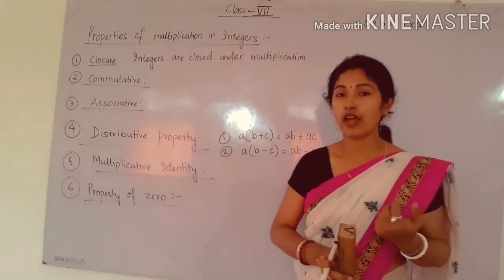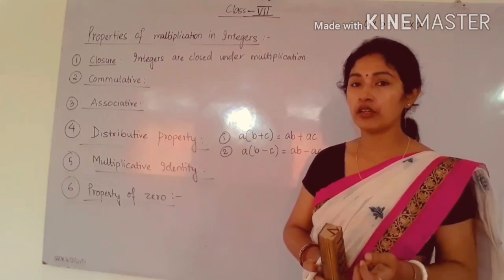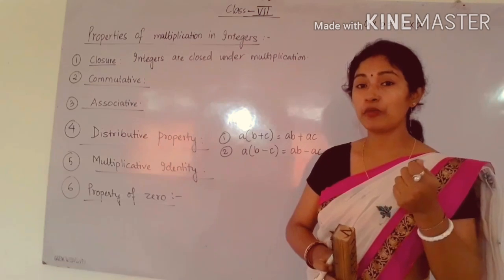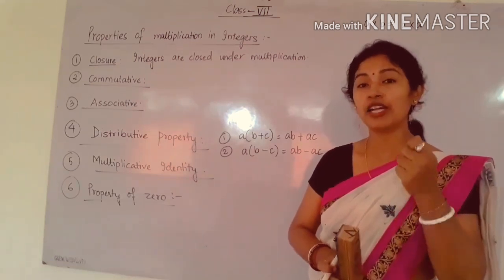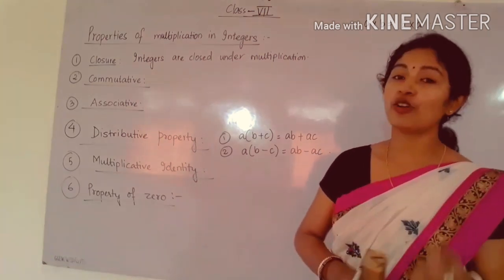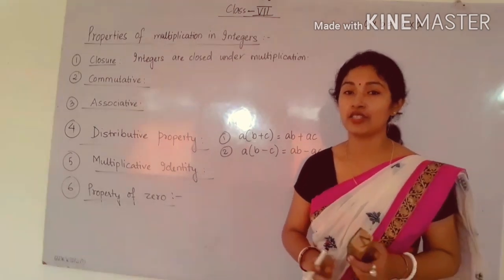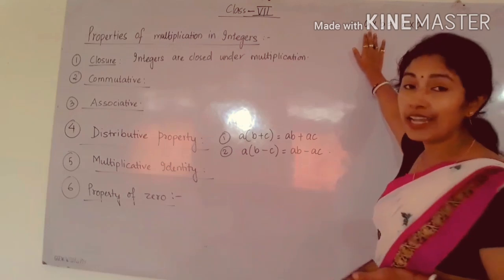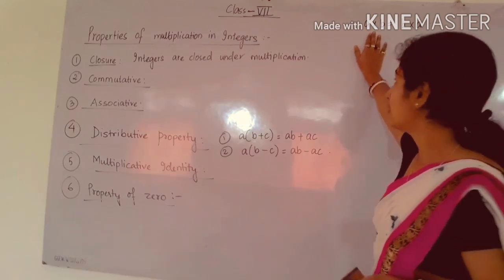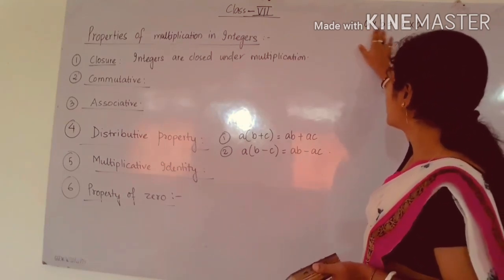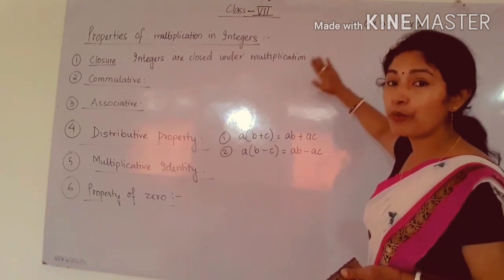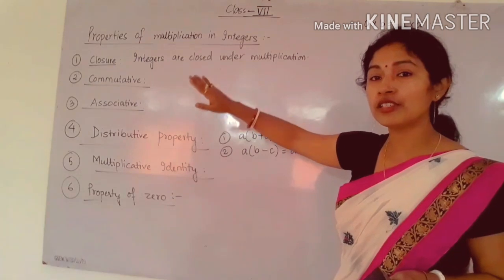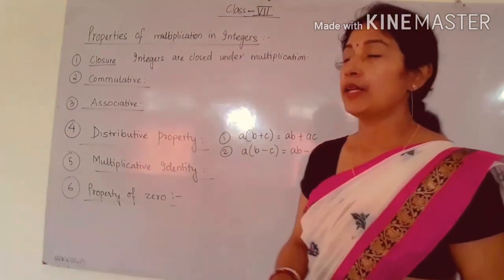In my previous lecture I have already discussed the properties of addition. In case of addition, commutative property is satisfied, so associative property is also satisfied in that case. So in this case also, please check, take two integers and do it at home. You will see finally you will get the result that this property is satisfied.